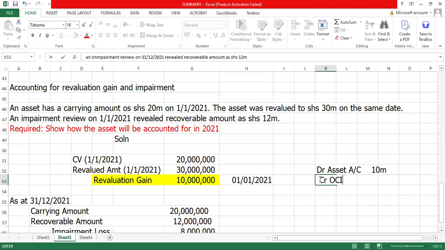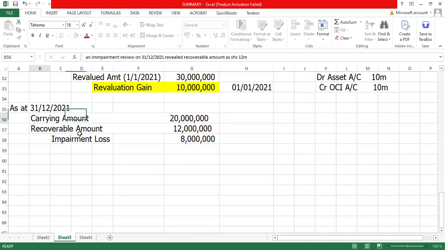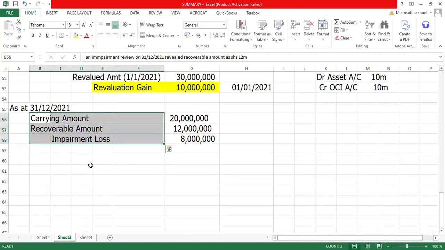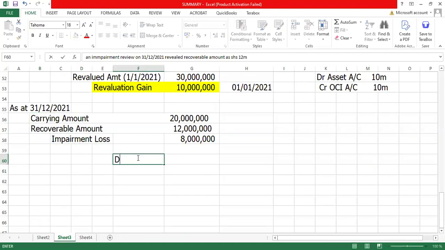So other comprehensive income also increased by 10 million. It's like a gain. Then if it's impairment, you're debiting PL, and that's what you would have done. You debit PL and credit the asset.